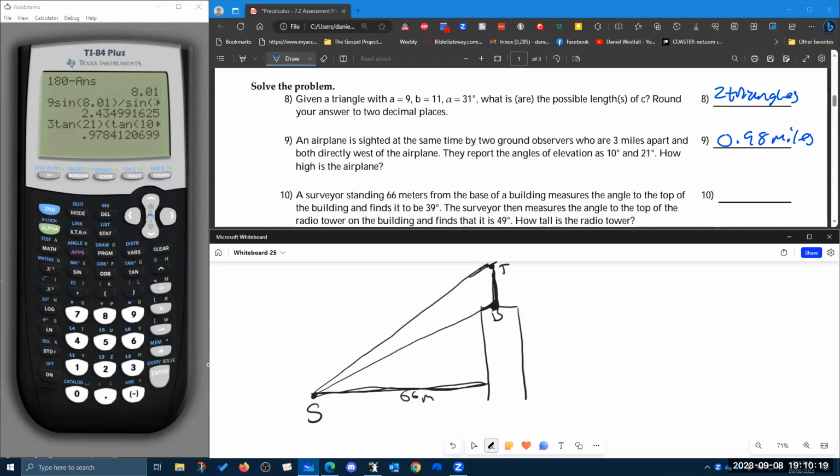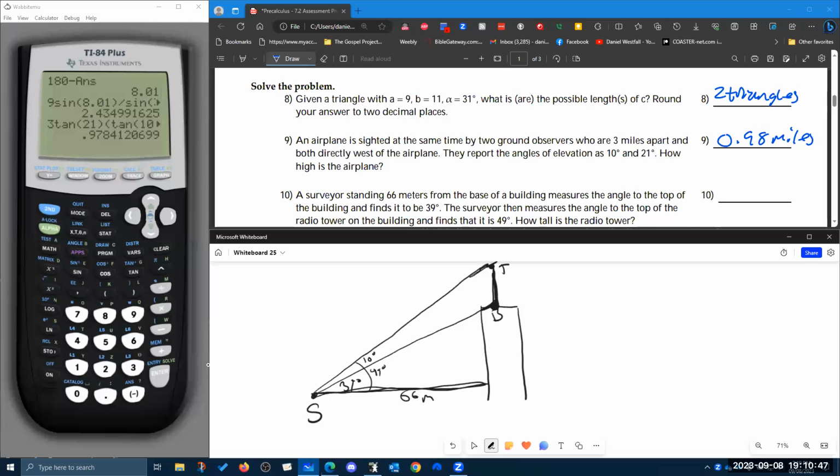When he takes his first measurement to the top of the building, he finds that it's 39 degrees. When he takes the measurement to the top of the tower, it's 49 degrees, which means there's a 10-degree difference there.